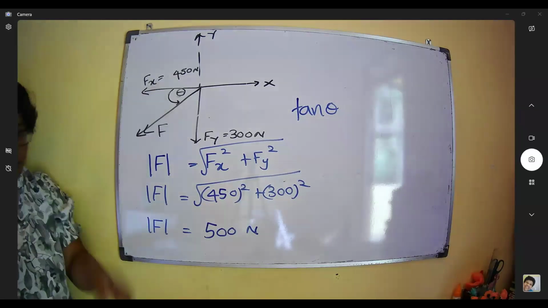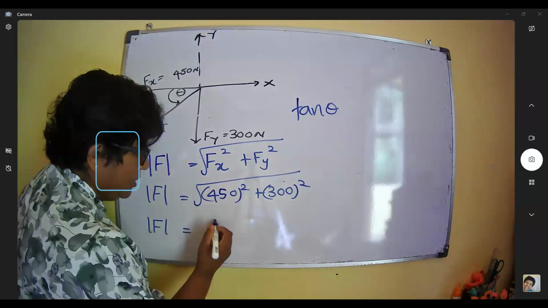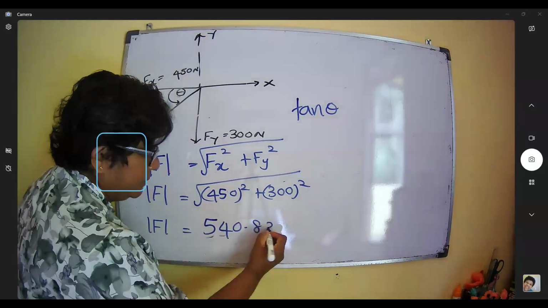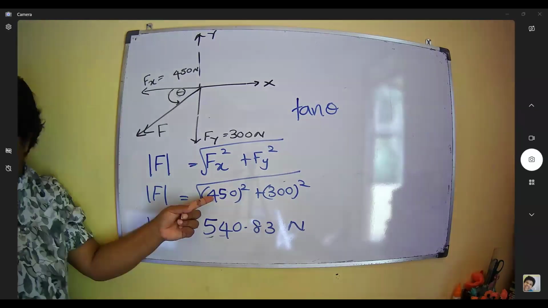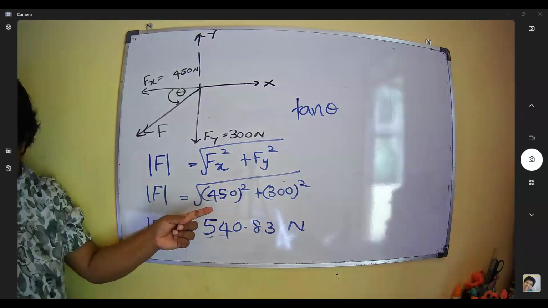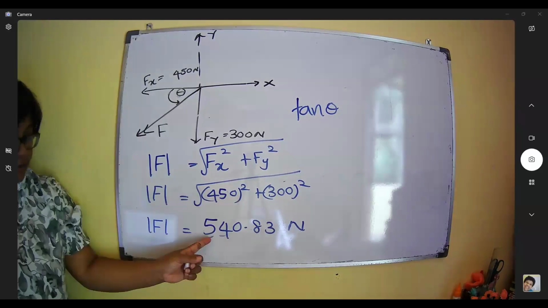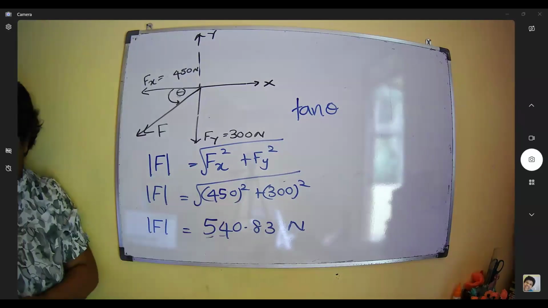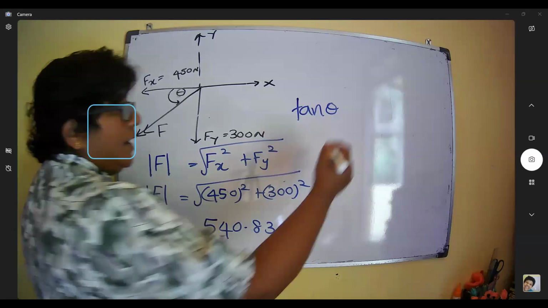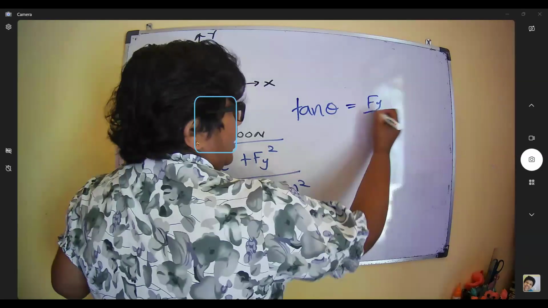Then tan theta can be written as Fy over Fx.